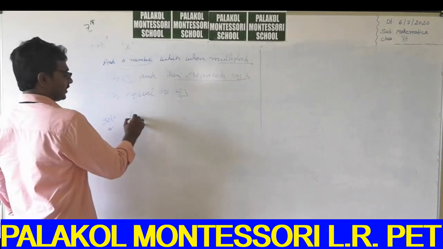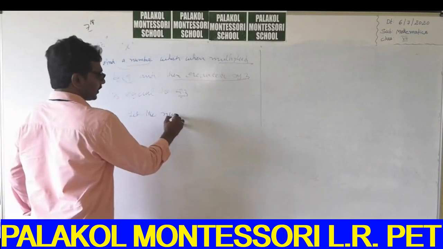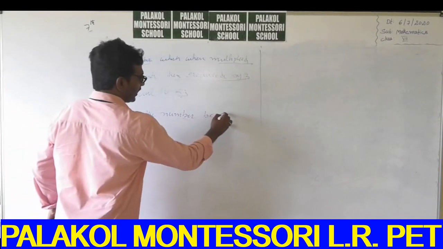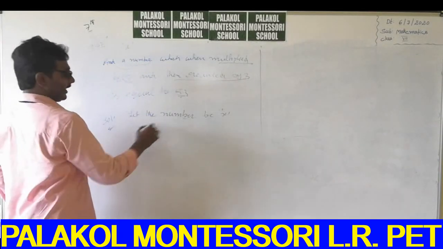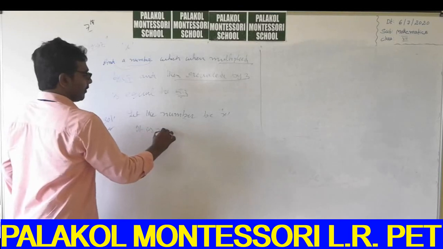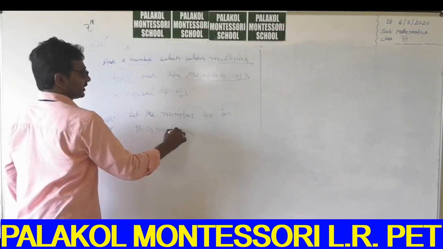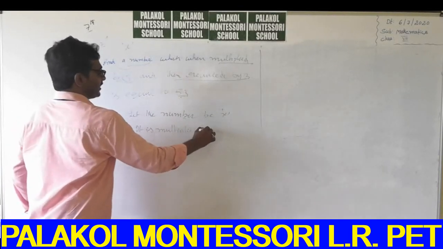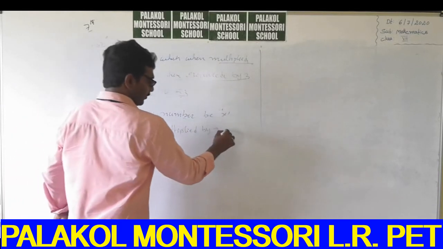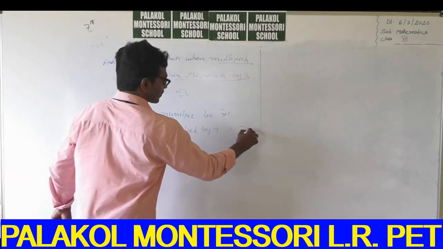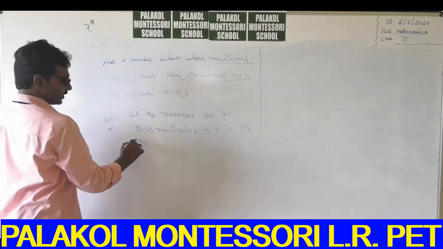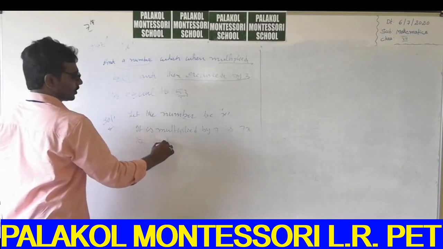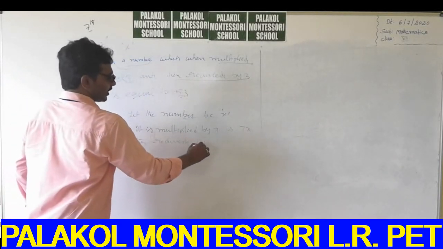Okay, that one you write in the symbolic form. Let the number be x, multiplied by 7, that means 7x, and then reduced by 3.